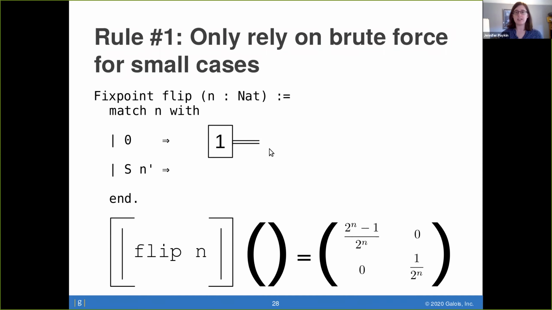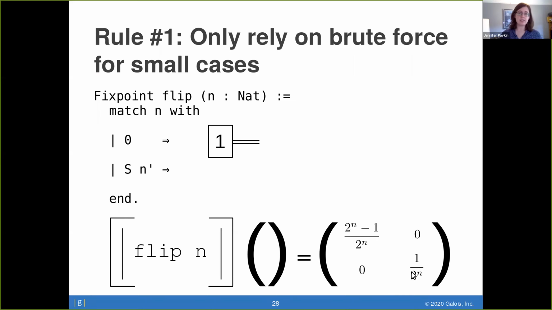If we plug in 0 in the specification below, we'll see that that should give us 1 in the bottom right-hand corner with probability 1. 1 over 2 to the 0 is 1. And so we can easily check that that is in fact meeting the specification for n equals 0.